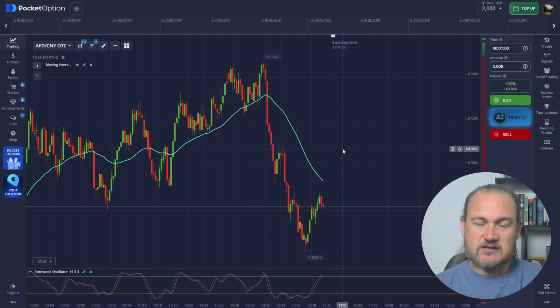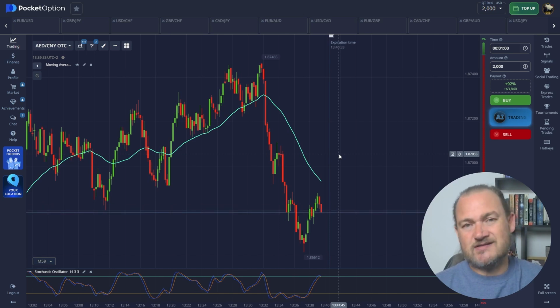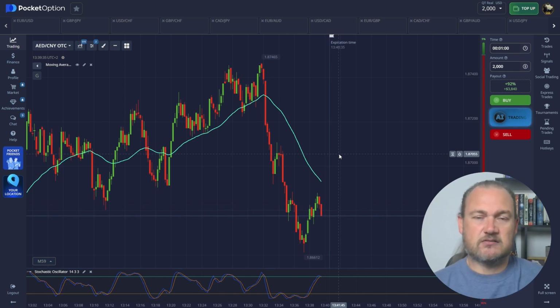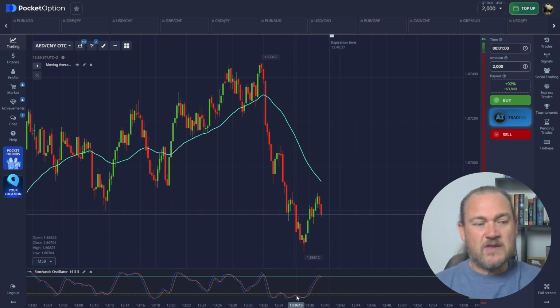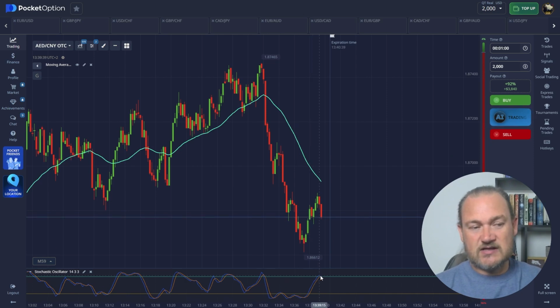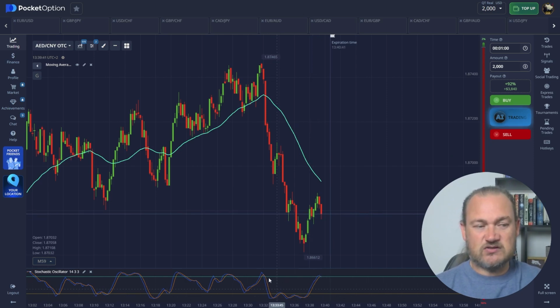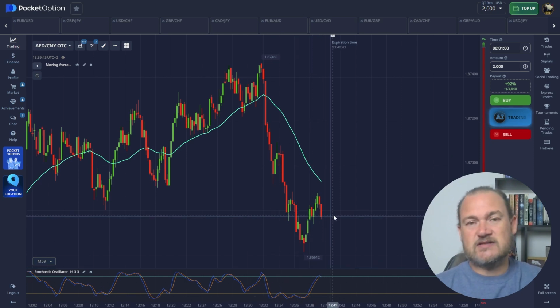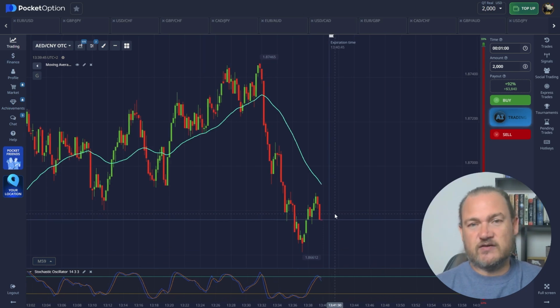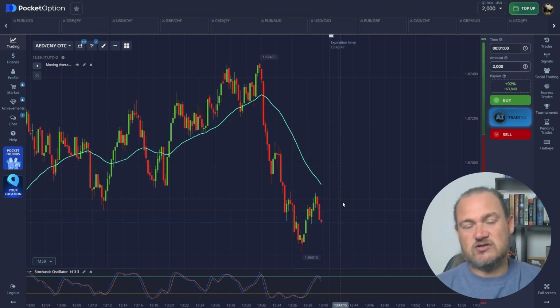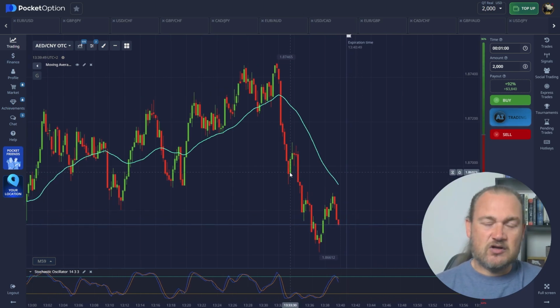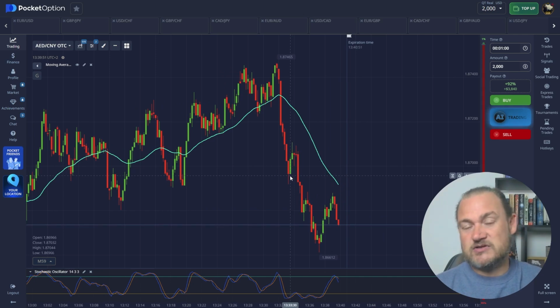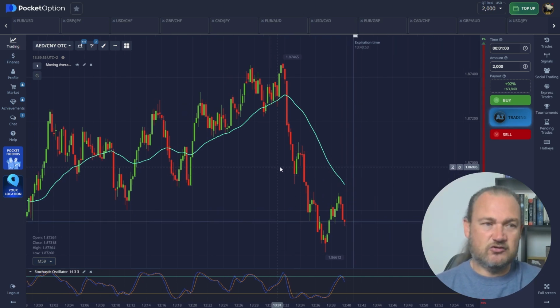The fact of the matter is that the stochastic oscillator was designed as a continuation indicator, meaning that as it moves into oversold or overbought, it's telling me that there's a higher chance of this to continue than to reverse. So a lot of people are using this in the opposite way of what it was designed to do.